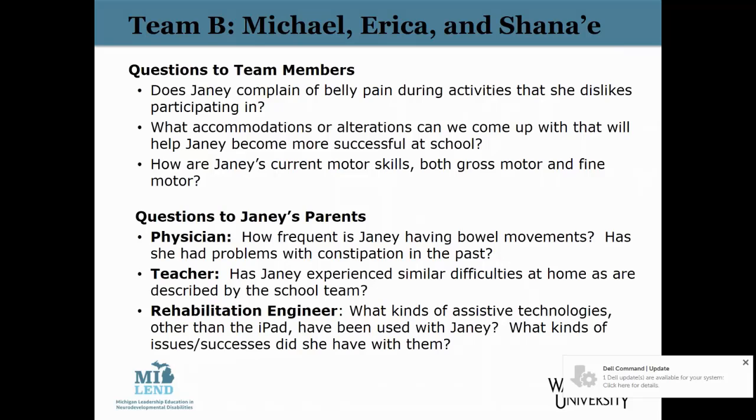And my question to the team members was how are Janie's current motor skills, both gross motor and fine motor? And what background were you given as the rehab engineer? I was told that her speech intelligibility is low and she uses her iPad to help her communicate.